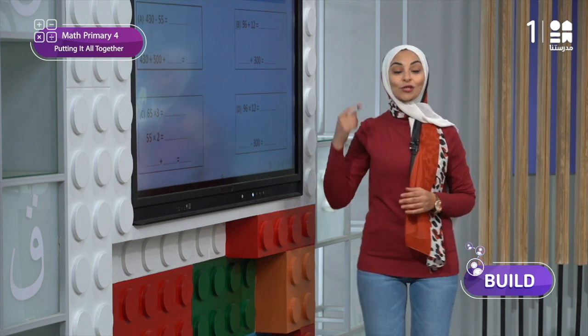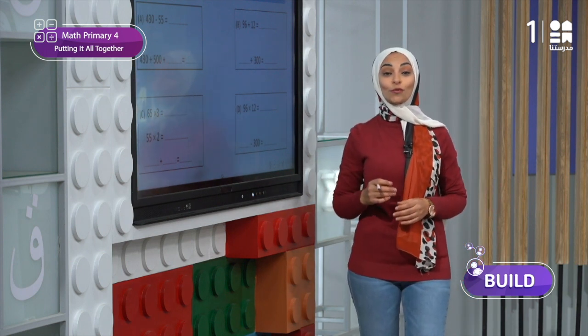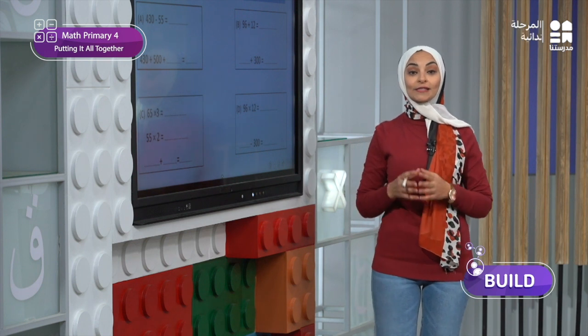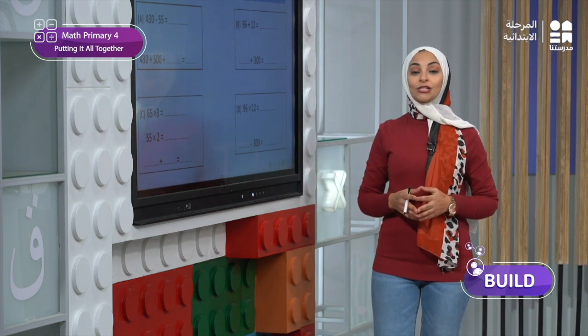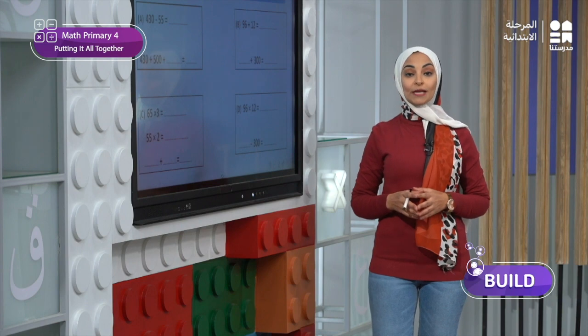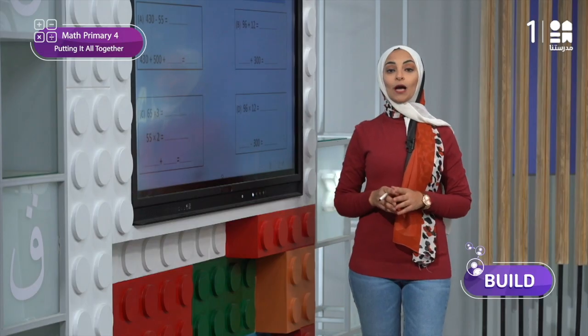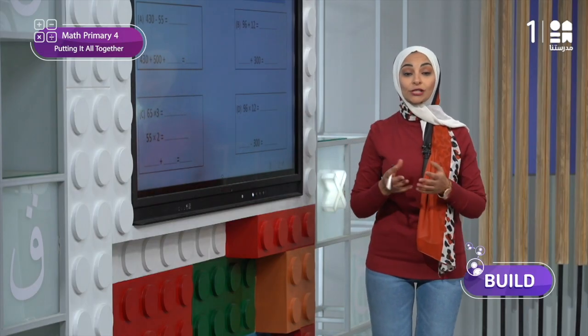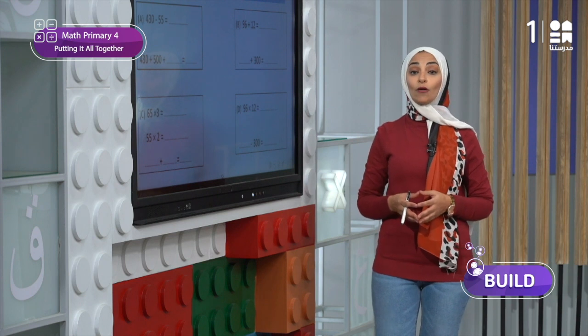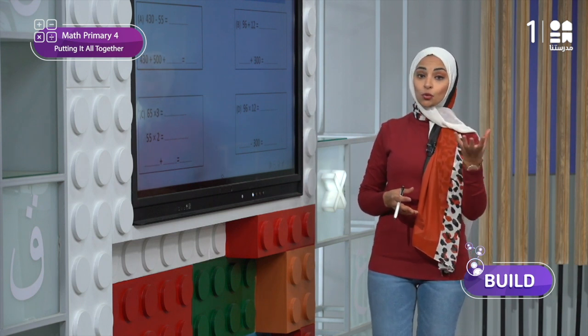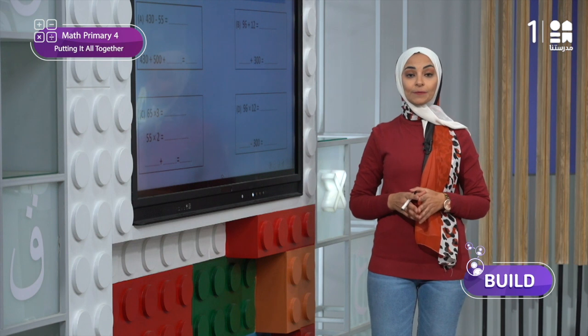When thinking of the solution, of course you must know the number of stickers that Yasmin has. She bought 12 sheets. Each sheet had 96 stickers. Now we can know the total number. To get the total number, what will I do? Of course I will multiply 12 times 96.